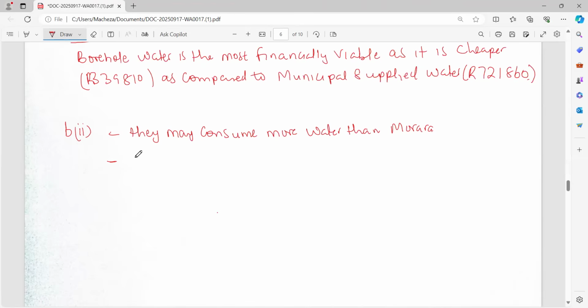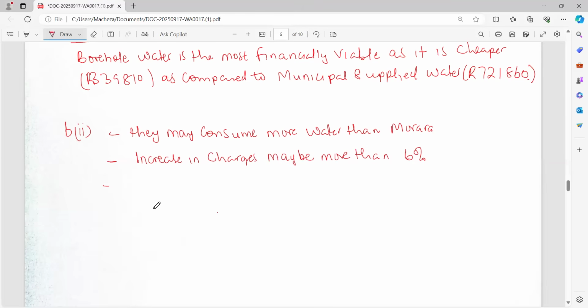All right, so here we can say increase. What else can we say? These guys are going to use Morara's invoices. What else can we say? I think we should have at least 4 of them. We now have 2.